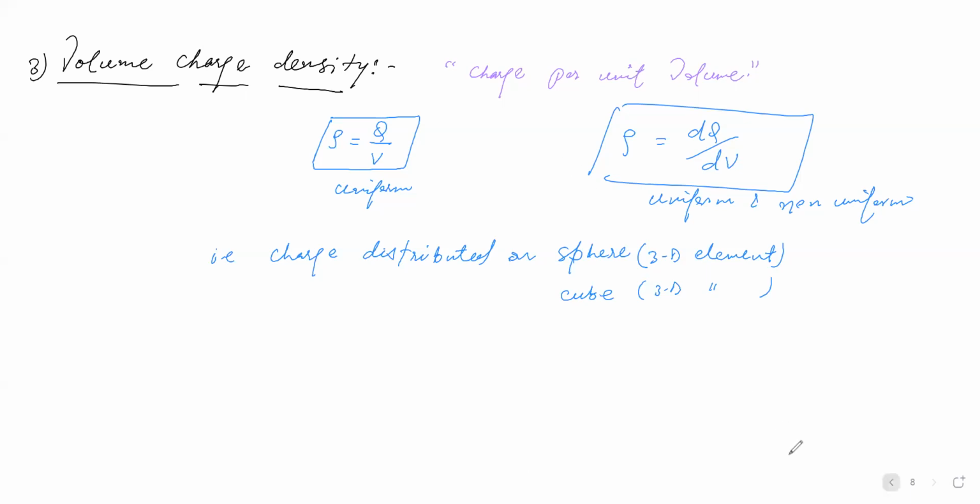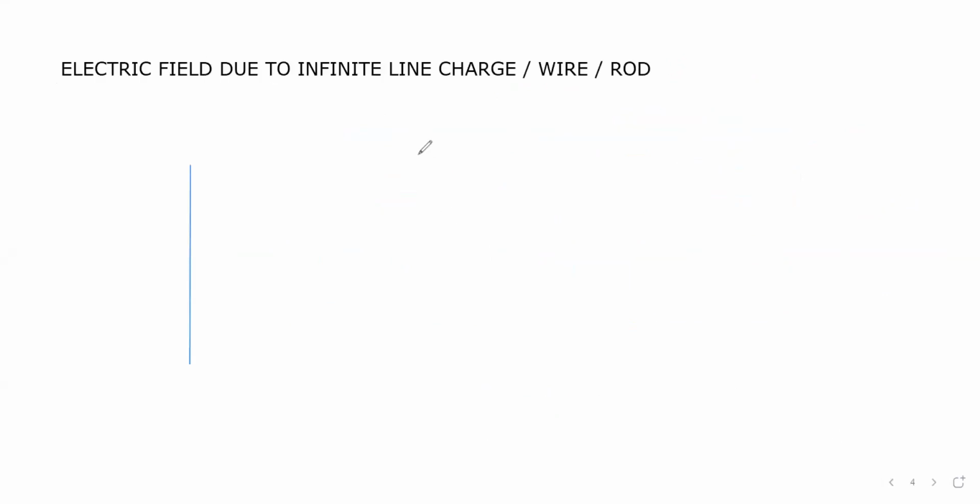Now we are going back to the main heading, electric field due to infinite line charge. And now the charge given to this rod is positive in nature, and we are going to calculate the electric field due to this line charge.